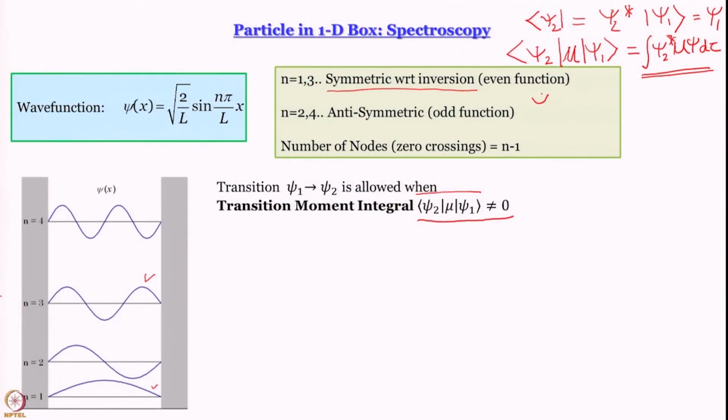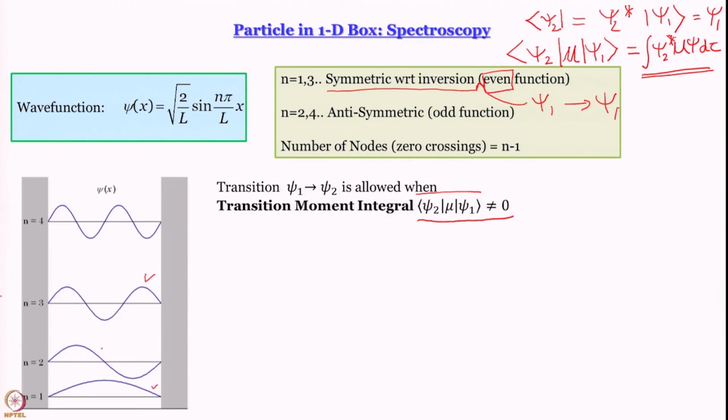If I say this is psi 1, and then I invert it, interchanging 0 and L in this case, then upon inversion it will remain psi 1. That is the definition of being symmetric, or what is called an even function.